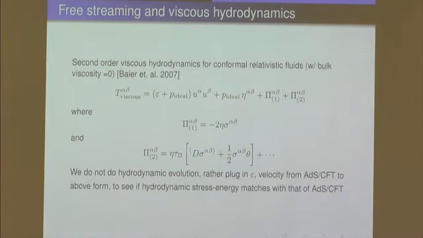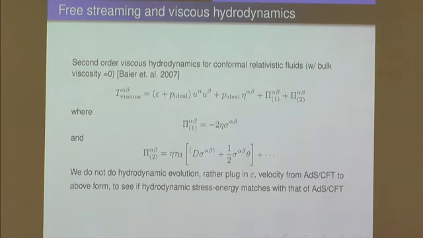Okay, for second order viscous hydro, you have seen these equations before. This comes from the paper by Baier et al. from 2007. Chris Herzog was talking about simulating 2+1 plasma in this context.